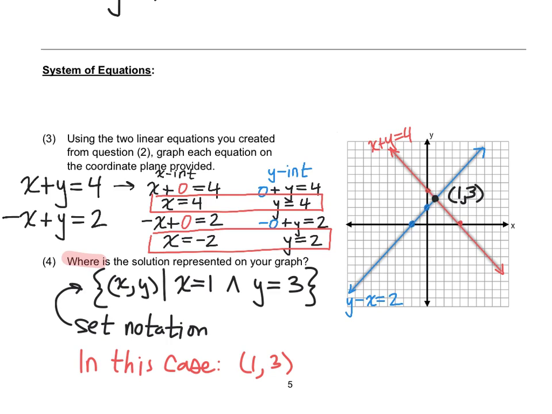So just going back to the statement here, system of equations, it sounds very fancy, but a system of equations is really just two or more equations on the same set of axes.